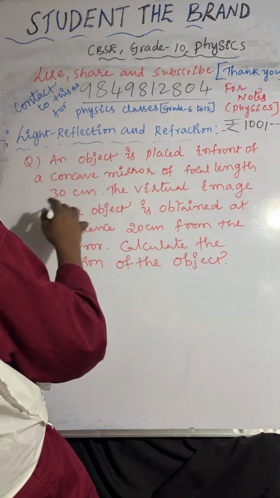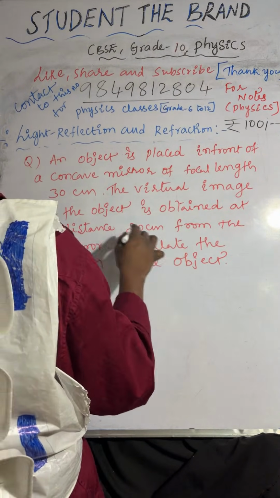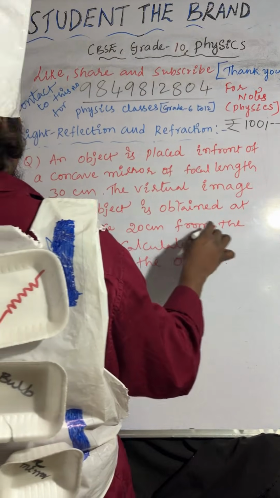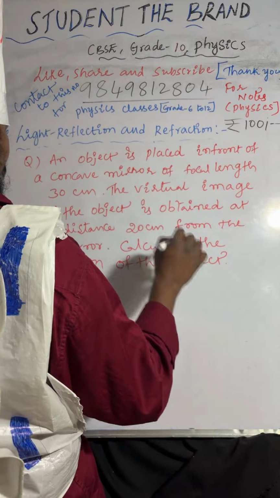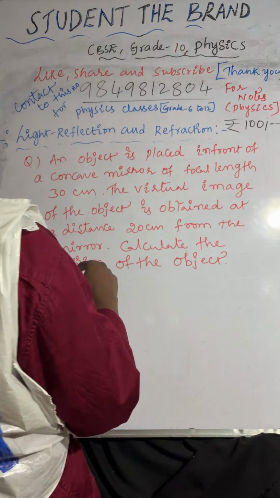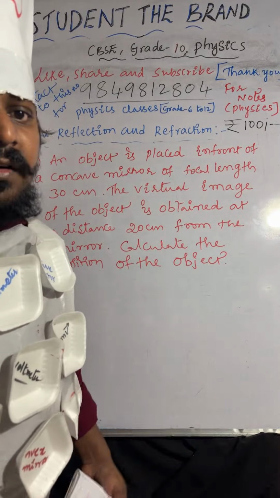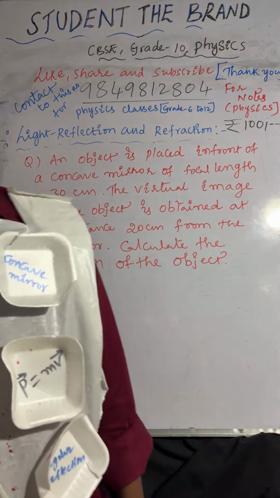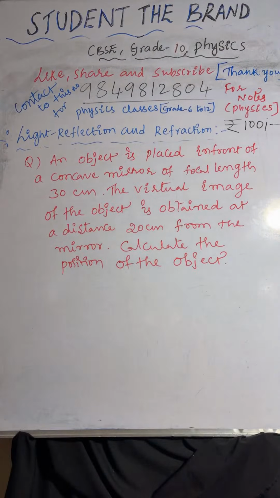The virtual image of the object is obtained at a distance of 20 centimeter from the mirror. Calculate the position of the object. Yes, this is the question. So try to identify what the answer is. Just check once.